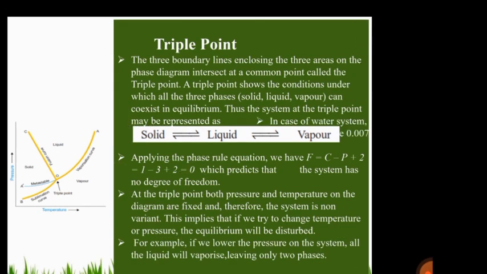So at the triple point there are three equilibria coexisting together, that is the solid state of water, the liquid state of water and the vapor state of water. All are coexisting at this point. So a triple point is a point where three phase boundaries meet on the phase diagram.